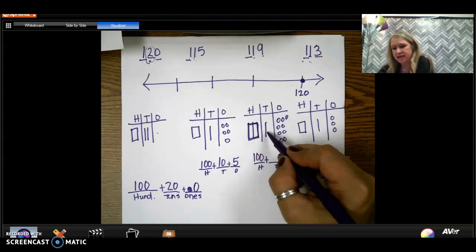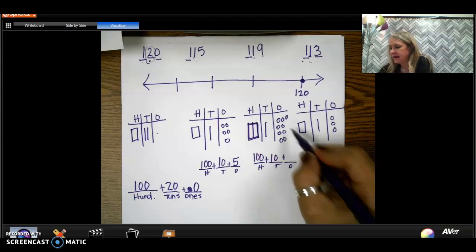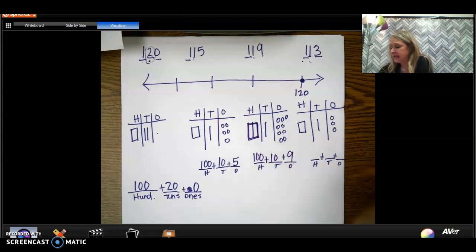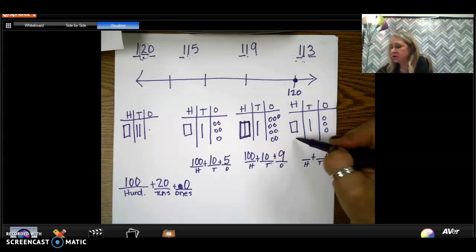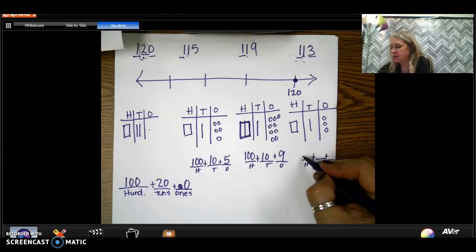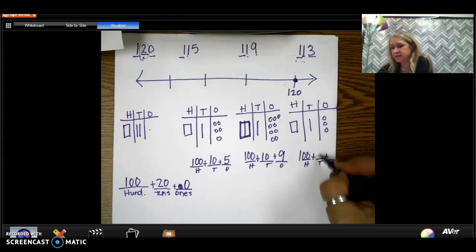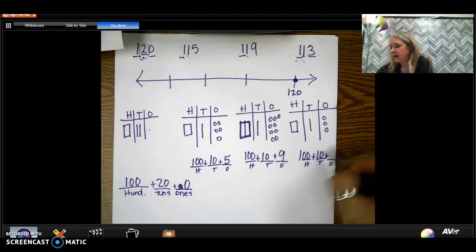How much is 10? 10. How much is 9 ones? 9. All right, so let's look at our next number, 113. 113 has 100. How much is 100? How much is 10? How much is 3 ones?